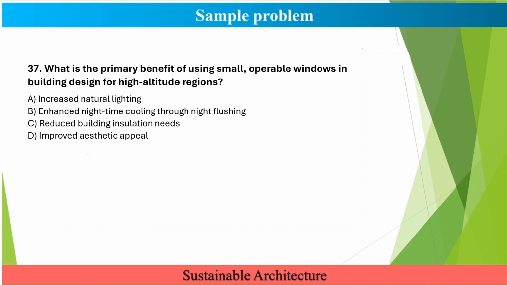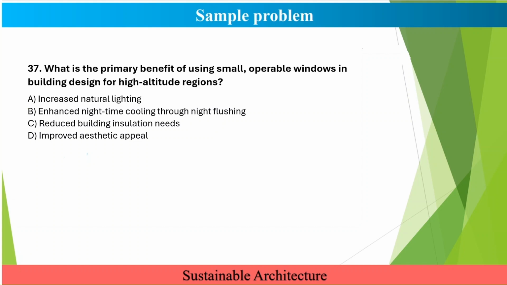That is enhanced nighttime cooling through night flushing, which tells that whenever you have small and operable windows, it will facilitate the nighttime ventilation, which will allow you to use cool night air to flush out the heat accumulated during the day, and it will enhance the thermal comfort.